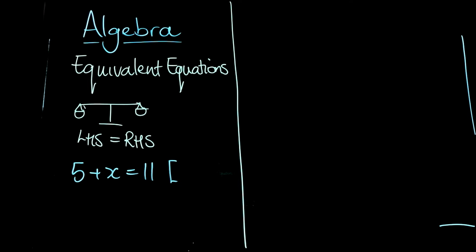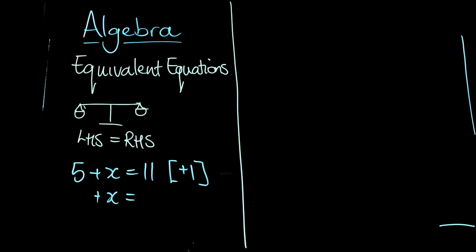So let's try an easy one to start with, and you'll notice there's square brackets there and they're saying let's add 1 to this. All right, so that's what they're asking you to do. It's just a number, so we need to add it to the left-hand side and the right-hand side. We've already got this plus x here. We can't do much with that.